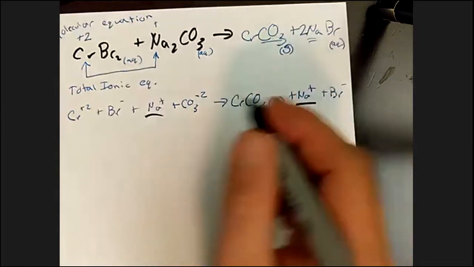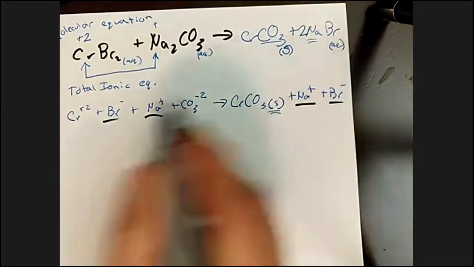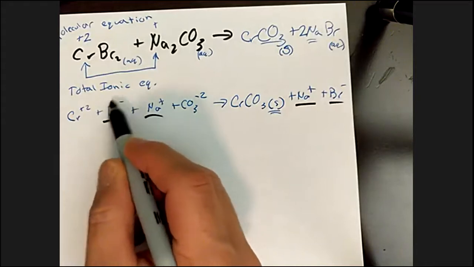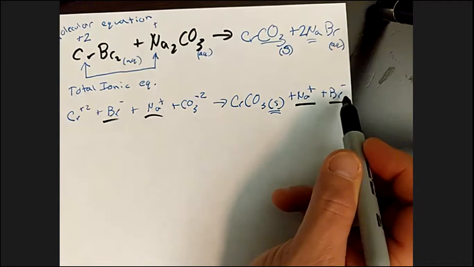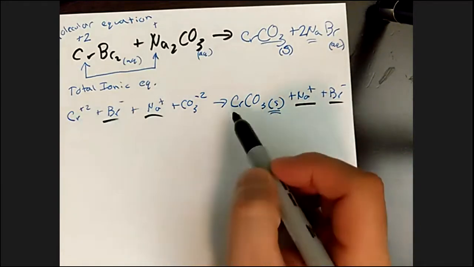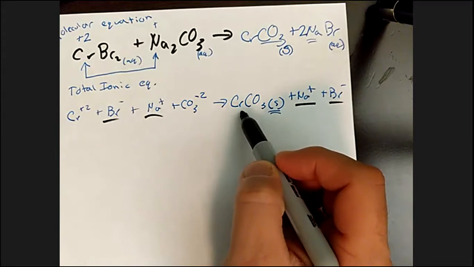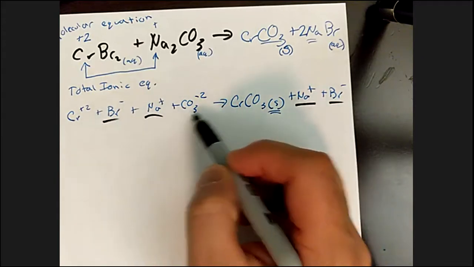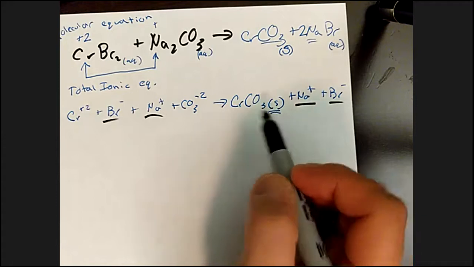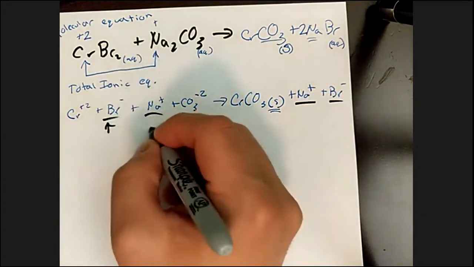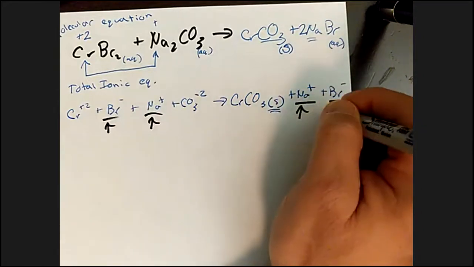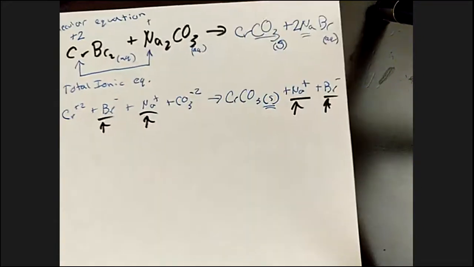The bromine, by not changing, is bromide over here and bromide over here. Nothing has changed with it. But the chromium is not just a chromium 2 plus over here, and it's not just carbonate, it's a molecule over here, so something has changed. So identifying our spectator ions might be another question.